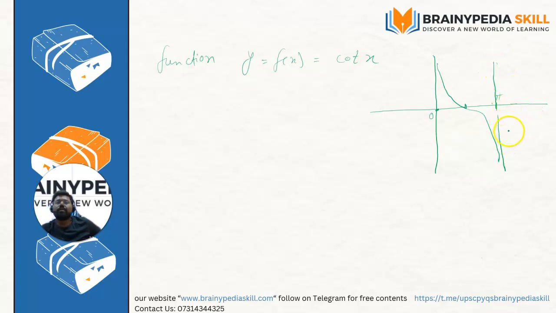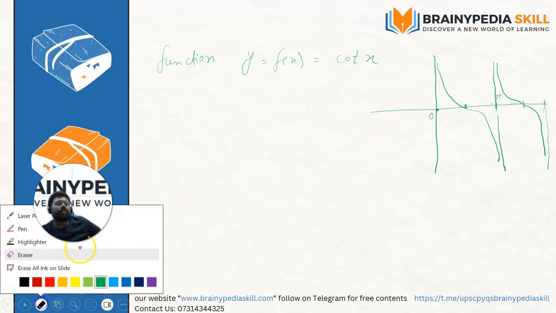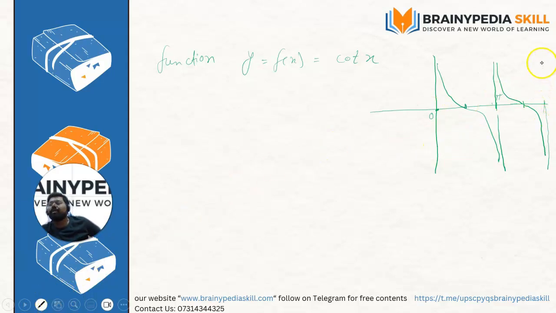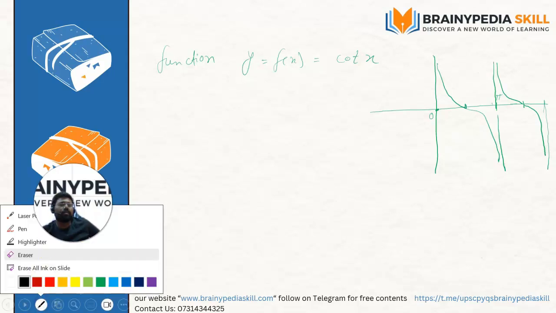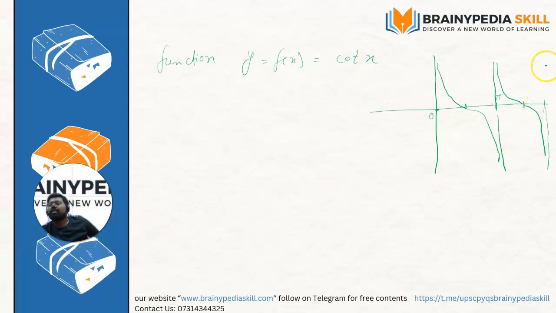In the same manner from 3 pi by 2, so at 3 pi by 2 it would be 0, and again at 2 pi it is not defined.